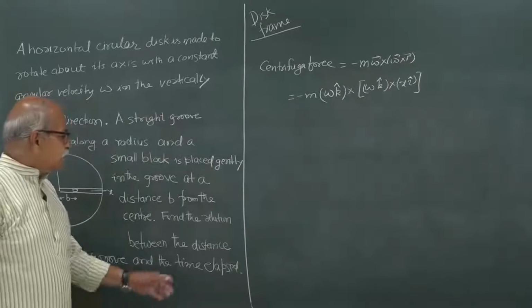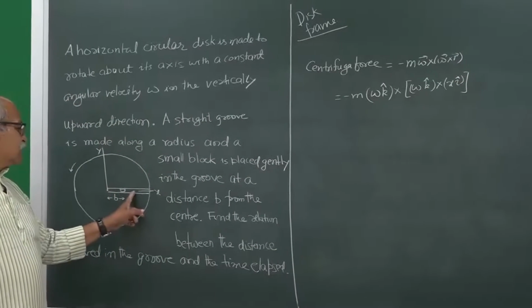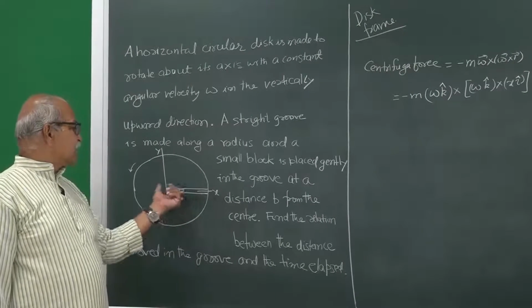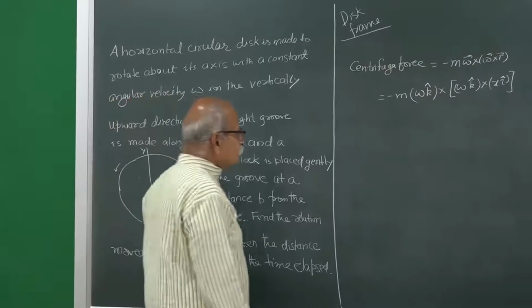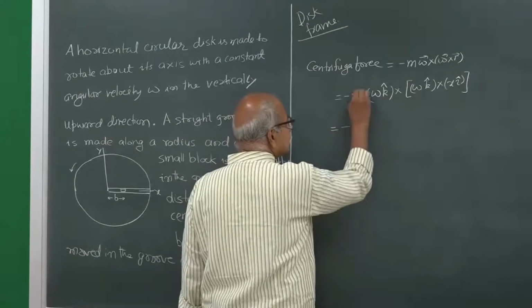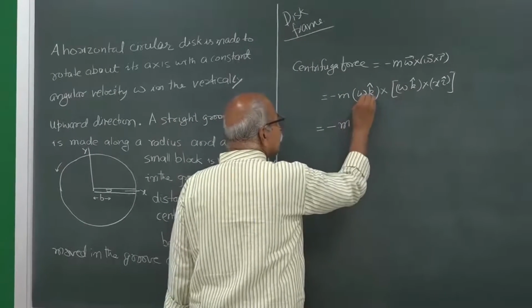At a time t, it has already covered a distance x, and so the r vector is x i cap.